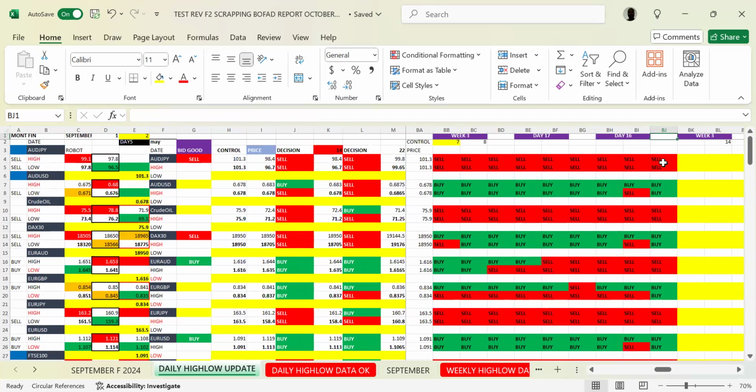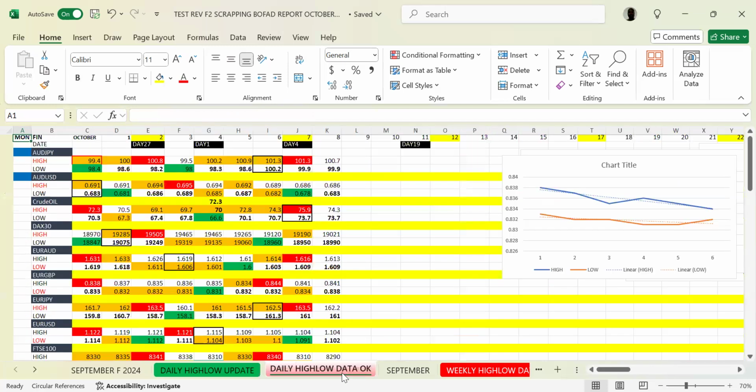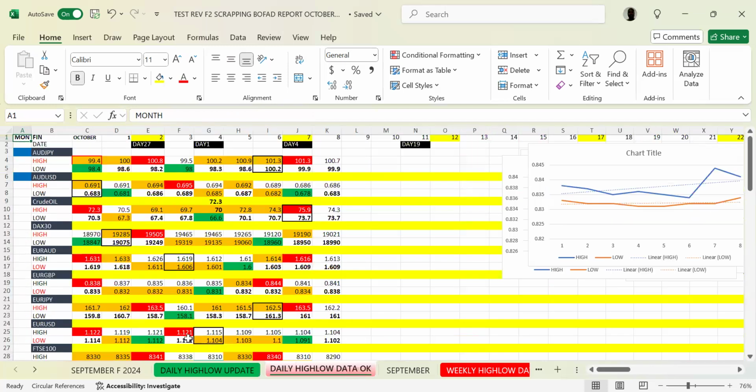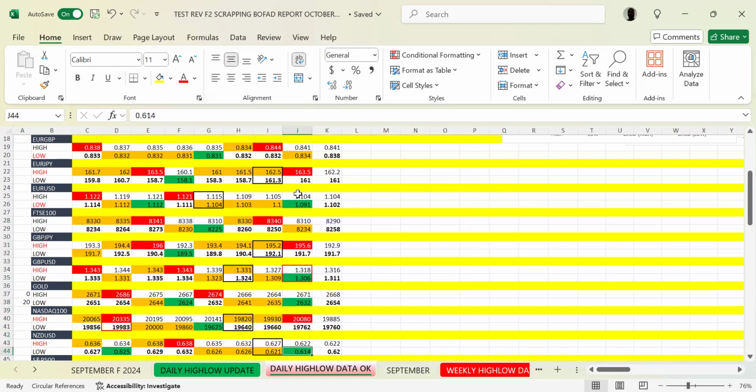So these are based on the last update of information which is obtained from these reports. Okay, so once we have this report, each of those red or green lines is what is going to determine the prices that we are going to input into that column.